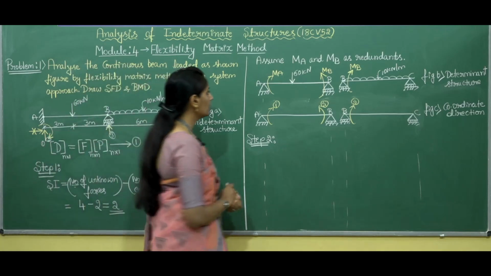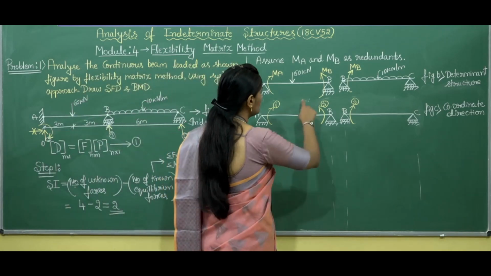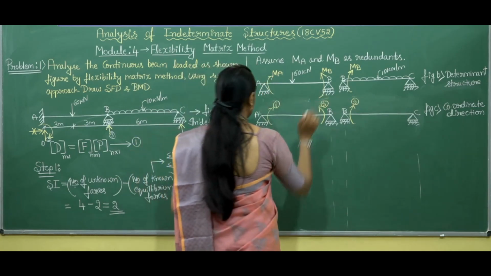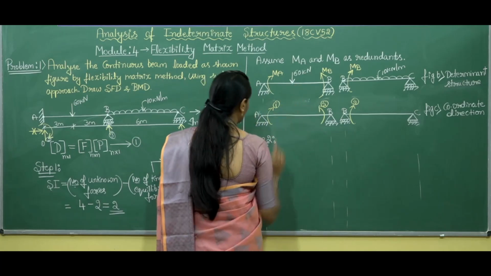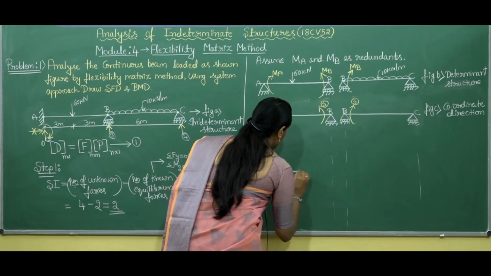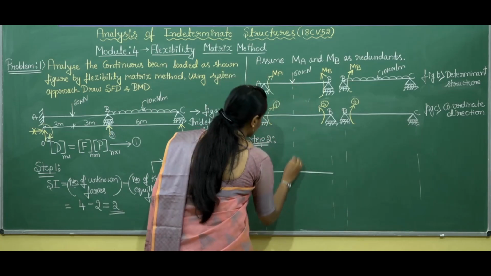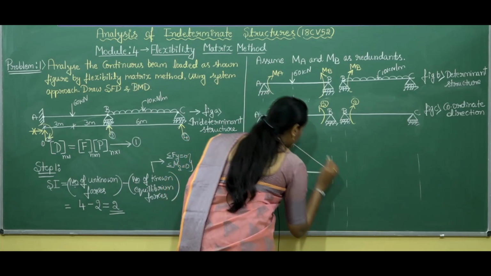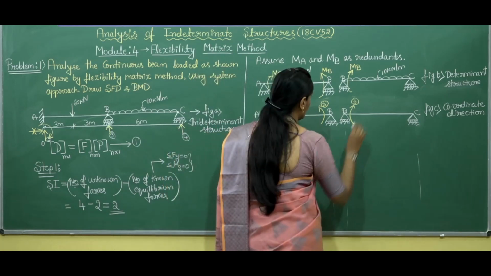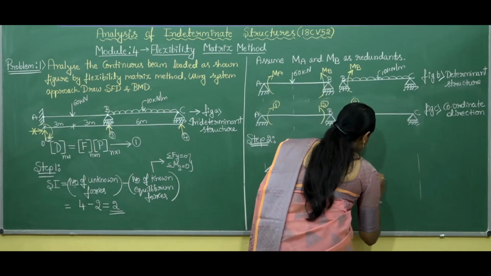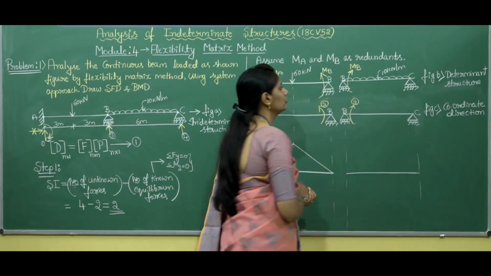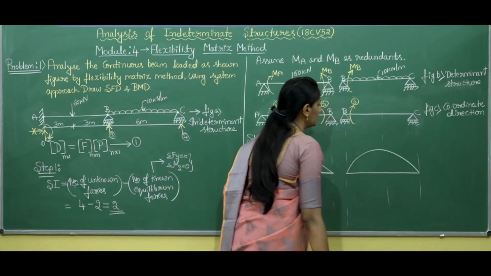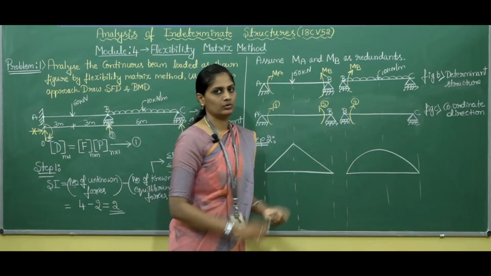So, let us draw the bending moment diagram for this released determinate structure. For span AB, since we have a point load here, we have the bending moment diagram in a triangular pattern. Clear? And for span BC, since we have a UDL, we all know that for a uniformly distributed loading condition, we have a bending moment diagram in the shape of a parabola.